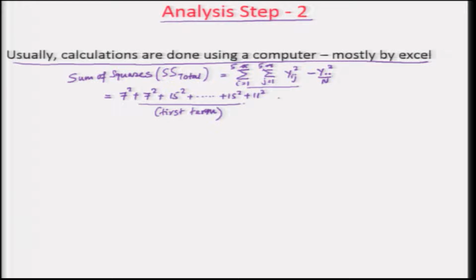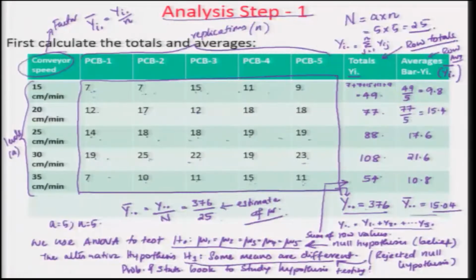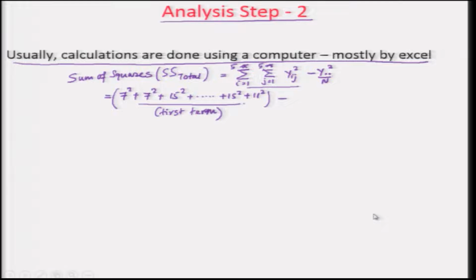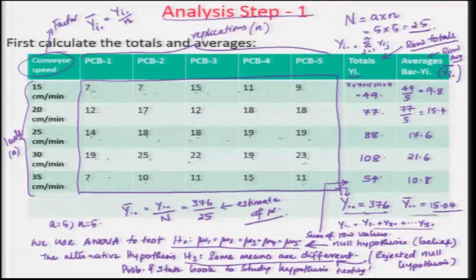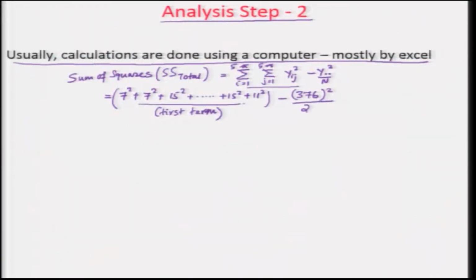Minus, this is the second term, y dot dot, which you calculate as 376, right here. So, we write it as 376 squared divided by N. Big N was calculated previously as 25, so you divide by 25.